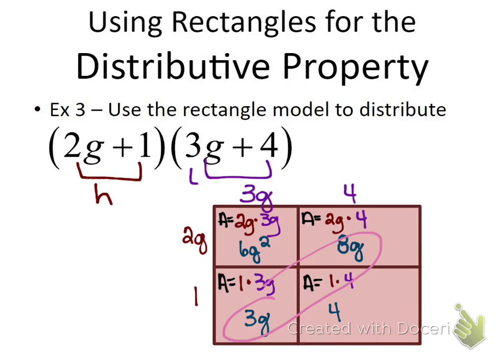The highest power goes first. So what's that going to be? 6G squared. Now, we already identified that 8G and 3G are like terms. So what do I do with my like terms? Add them. So what's 8 plus 3? 11. Plus 11G. And then what's my final term? Plus 4.